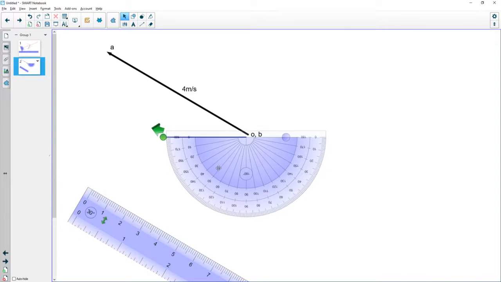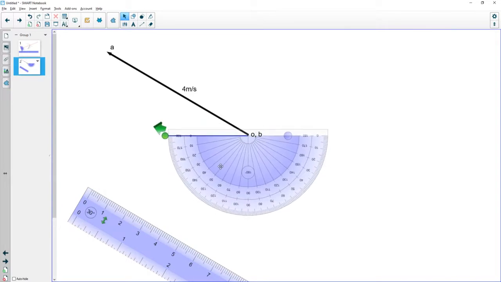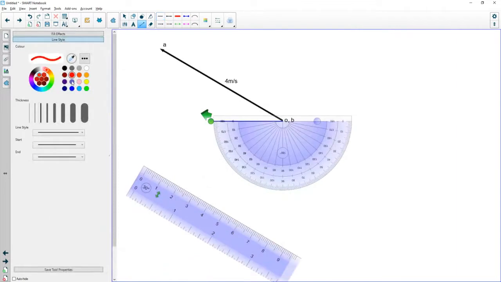So I'm going to put my protractor on point O, which is also point B. Determine my line again, and I'm going to change the colour of this line to be red. And I'm just going to draw in 21 degrees through that point.